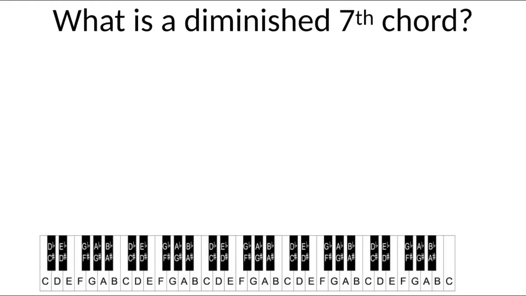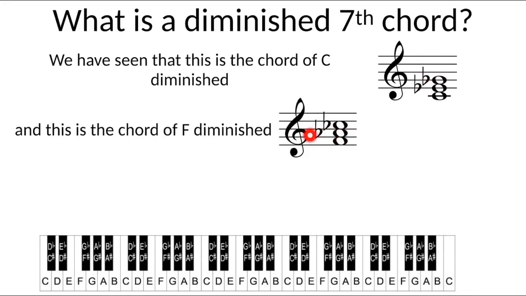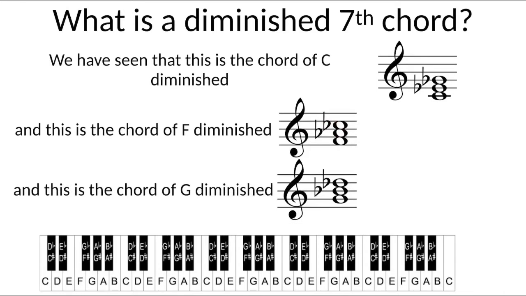So a diminished seventh chord. We've seen already that this is the chord of C diminished with the flattened third and the flattened fifth. Same idea here with F, flattened third, flattened fifth, and with G, chord of G diminished, we flatten the third and we flatten the fifth.